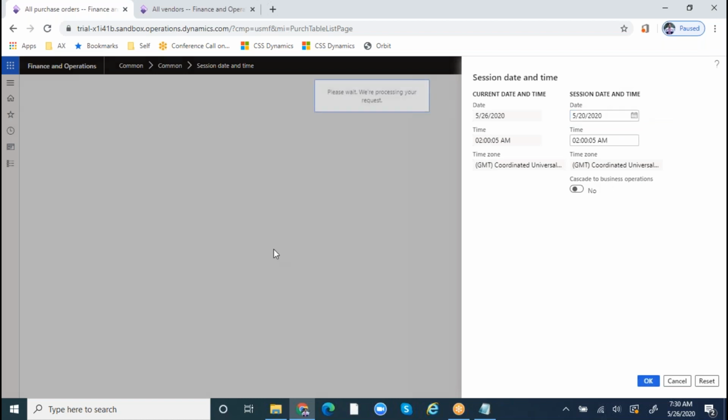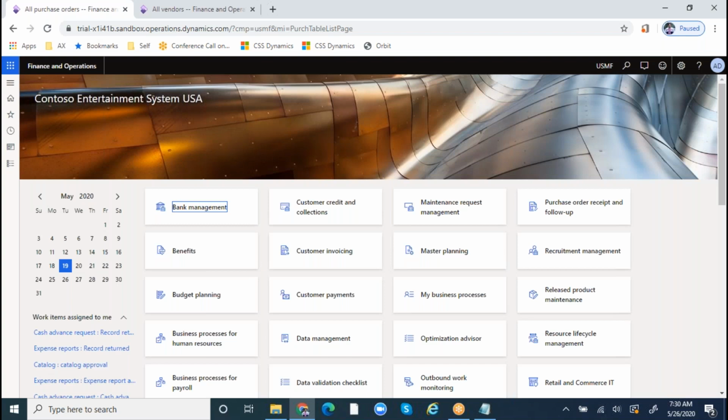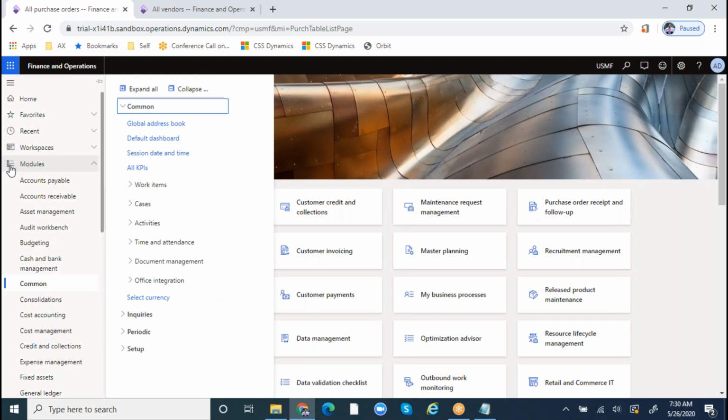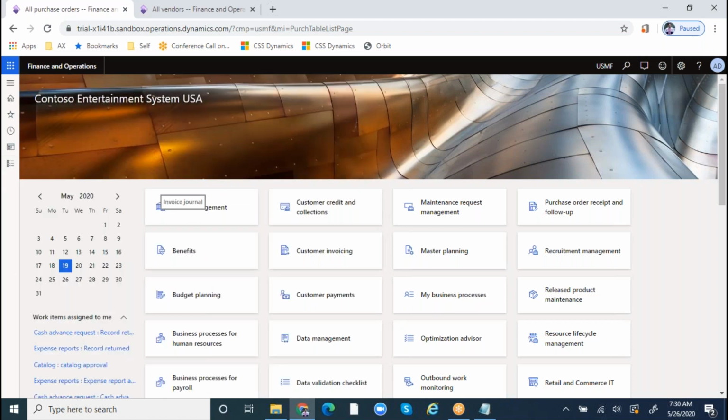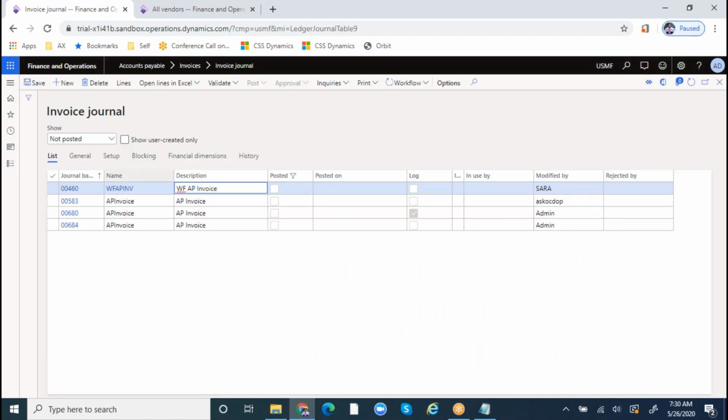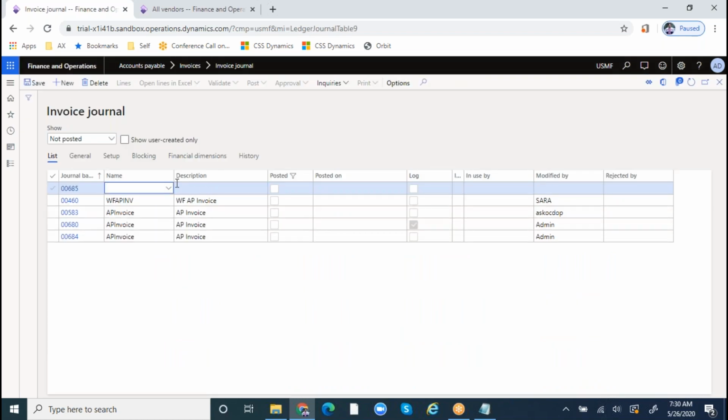This is only for this form. Suppose I have changed it to 20th of May. Now if I am doing an invoice journal, if I click new, AP invoice, and go to lines, it will automatically show 20th May every time.